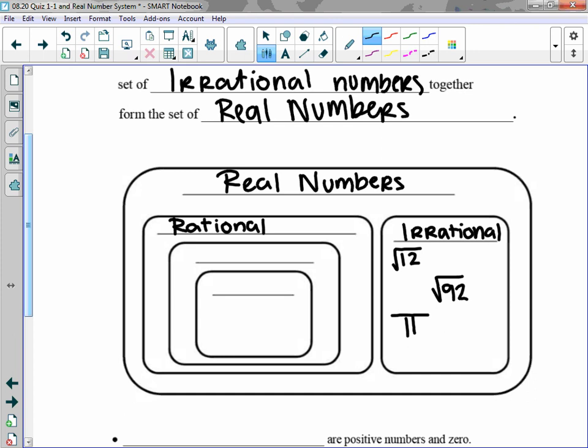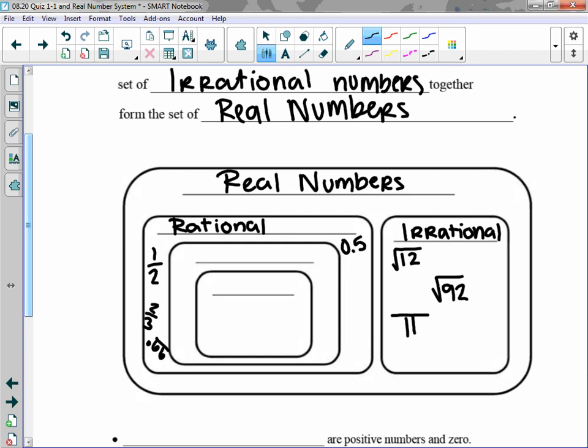Okay. So if rational numbers are numbers that can be written as a fraction, so 1/2 would be rational, right? 0.5 is rational. Are 0.5 and 1/2 the same thing? Yes. Can be written as a fraction. 2/3 is also a repeating decimal, 0.6 repeating.